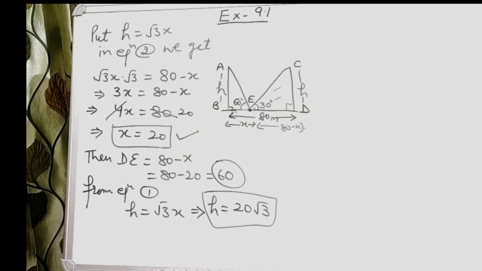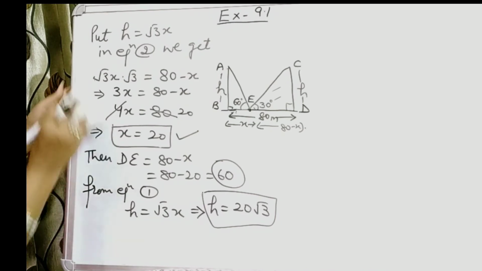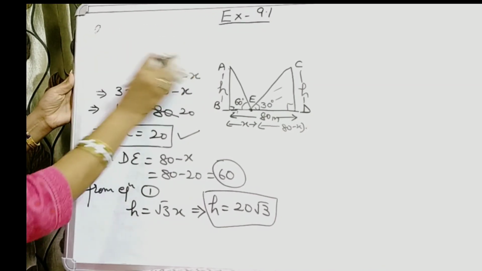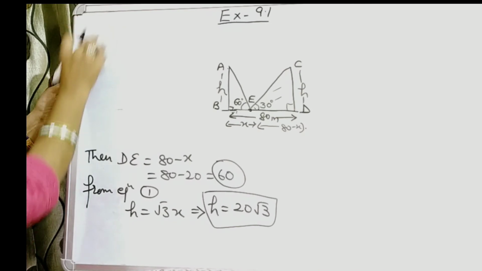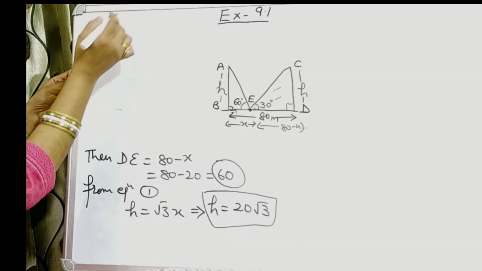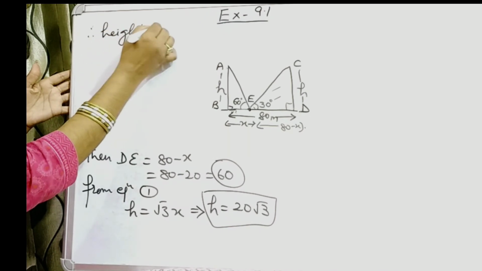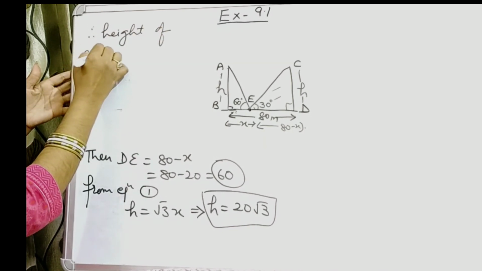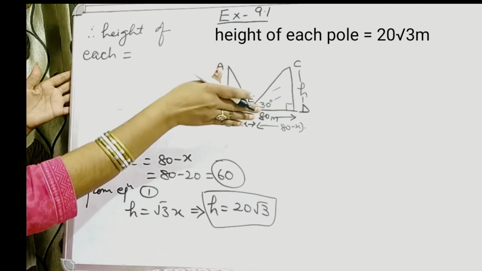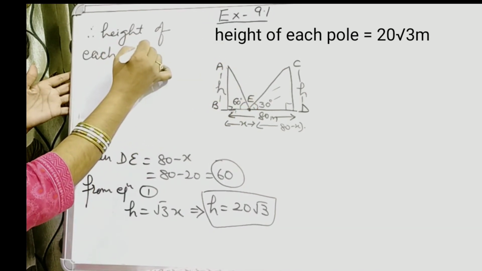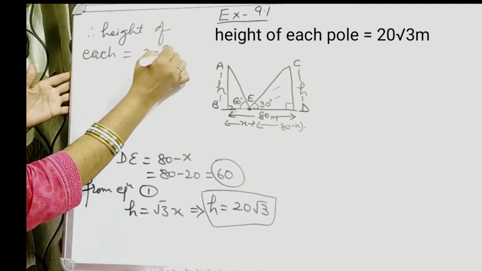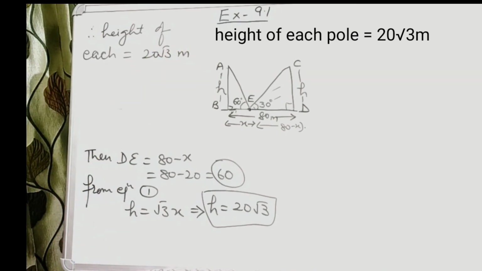So at last we have to write what we have found here. We just write that in words. Therefore, after solving the question, we get the height of each pole. Because the heights of both the poles are equal, that is equal to 20 root 3 meters. So this is our first answer.